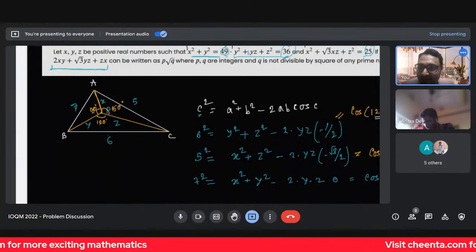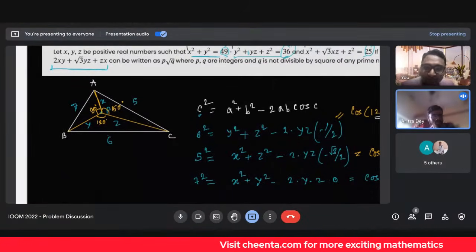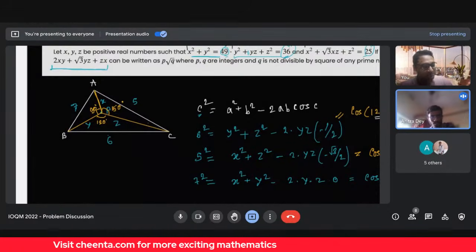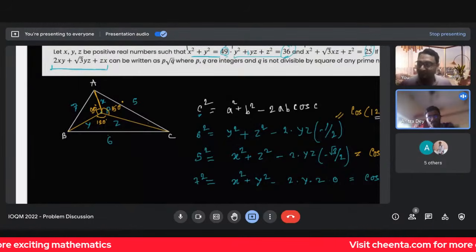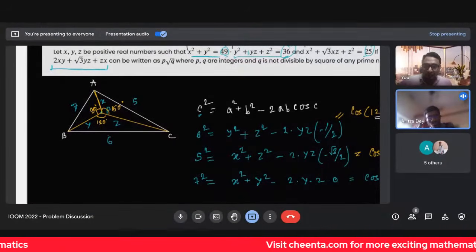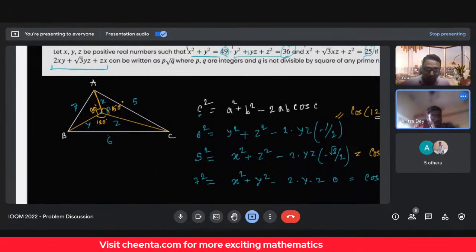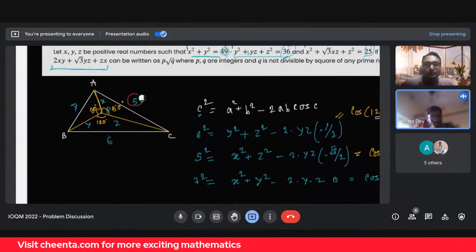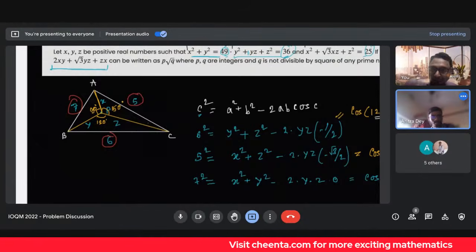And the much more important thing, I'm saying about a much bigger one: suppose you can actually solve this type of equation, a square, b square, c square, anything can be written in the form of squares. But one thing you have to care about: that these three things really make a triangle. So you have to be very careful about the triangular inequality.